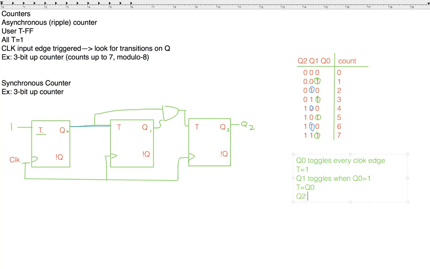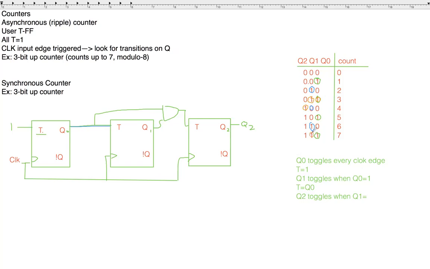And we notice Q2 toggles when Q1 is going to be equal. We'll see when this occurs, it toggles here, you'll notice. Oh, oops, let me get a different color. So toggles here. And that's when we notice that it went from 1 to 0 here, but focusing on the toggle state, it's when this one was 1 and this one was 1, it toggled here.